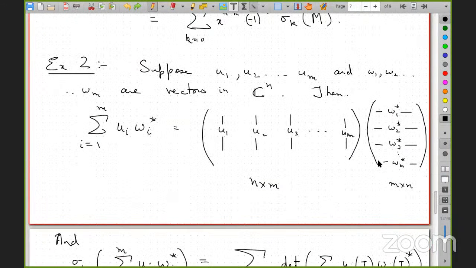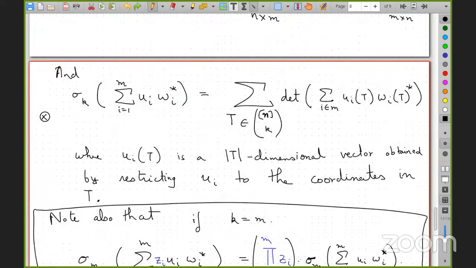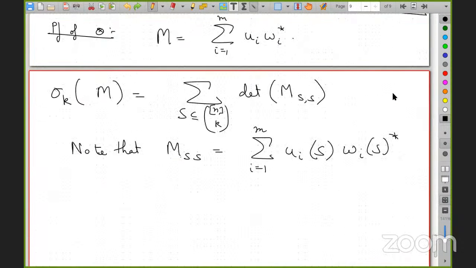This is easy to see, because what you're doing is taking this matrix M, taking the corresponding rows of S and the columns of this. In the part that corresponds to just taking the rows of the left matrix and the corresponding columns of the right matrix, that's exactly what this u_i w_i star is. So the proof of star is also simple.